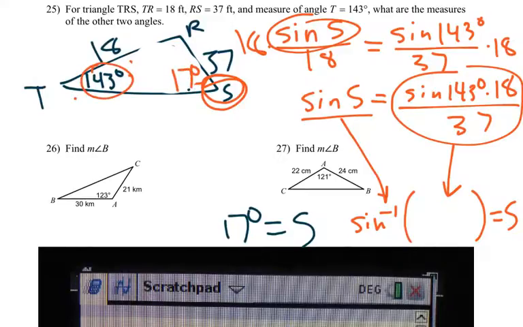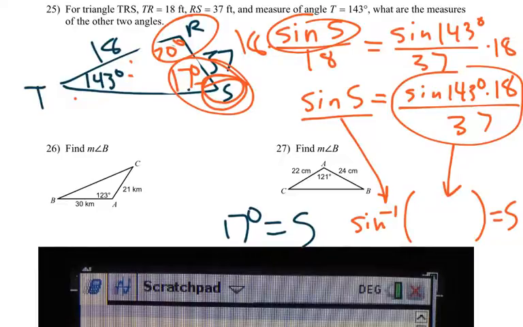Now I know all three of these add up to 180, so to find angle R, I simply go 143 plus 17, which is 160, subtract that from 180, and we get 20 degrees right there. So angle S 17, angle R 20 degrees. Once we have two angles, it's easy to find the third by just doing that 180 rule.